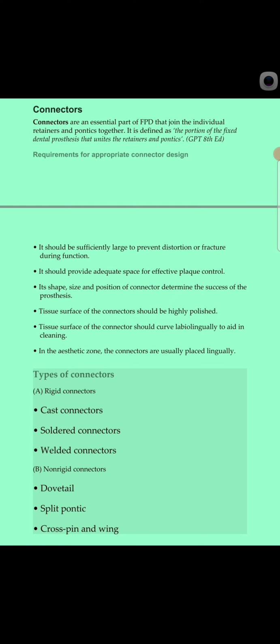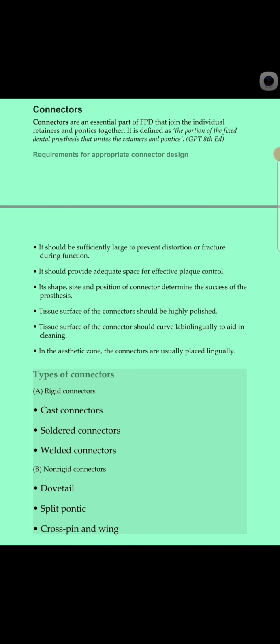The metal by which we make the Pontic and retainer, the same material with the same melting point, we flow between the Pontic and retainer, and it will act as a connector. It will replace the wax pattern. In the Pontic, retainer, and connector, all three components have the same melting point. This is the cast connector.